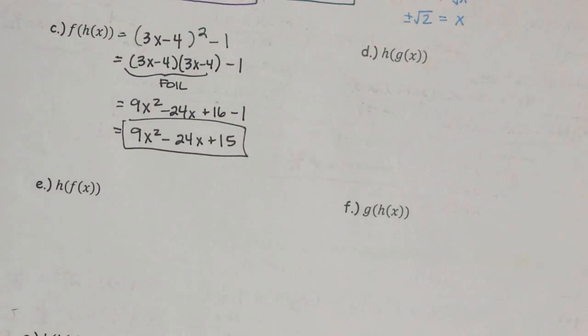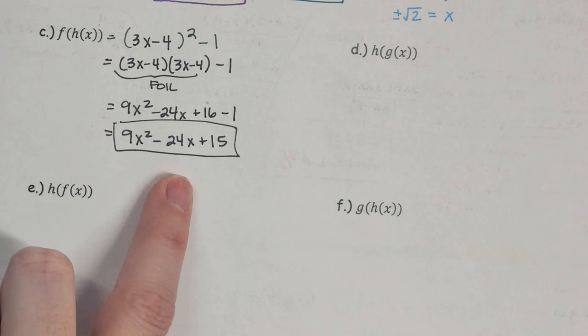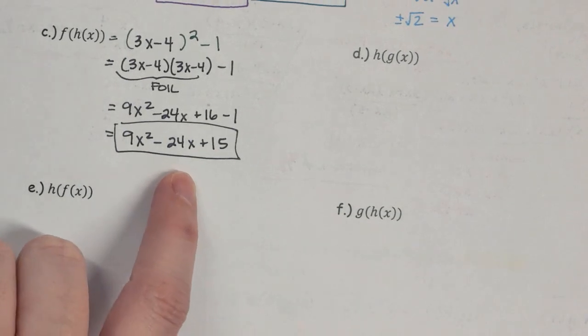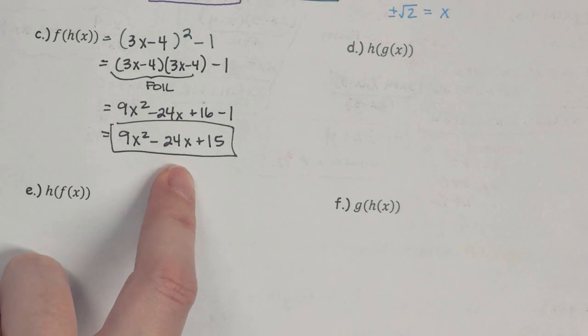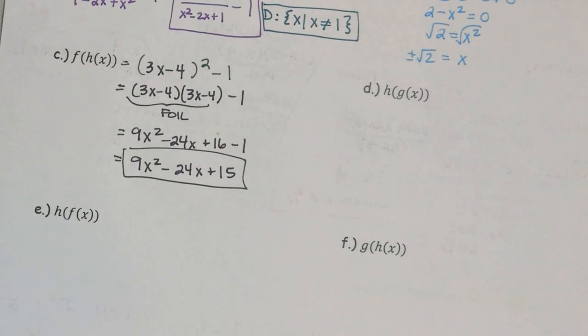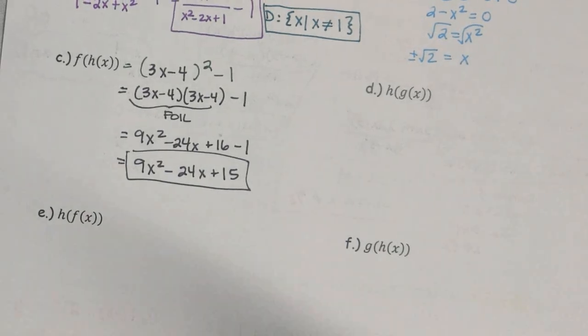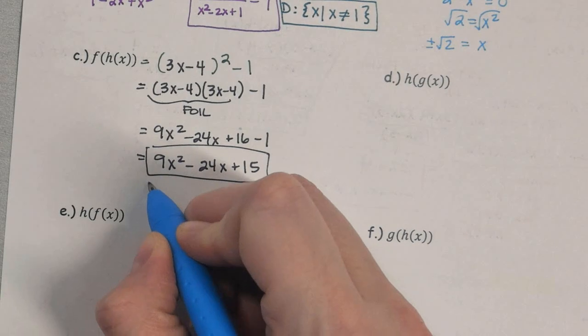Now for the domain, we go down that list. Do I have a fraction? That's one of the easier questions I'm going to ask you today. Is this a fraction? No. Okay, and I don't have a fraction anywhere in it, so that's great. Is there a radical? No. Is there a log? No. So that means your domain is what? All real numbers. Do you guys remember how to write that in set builder notation? Okay.